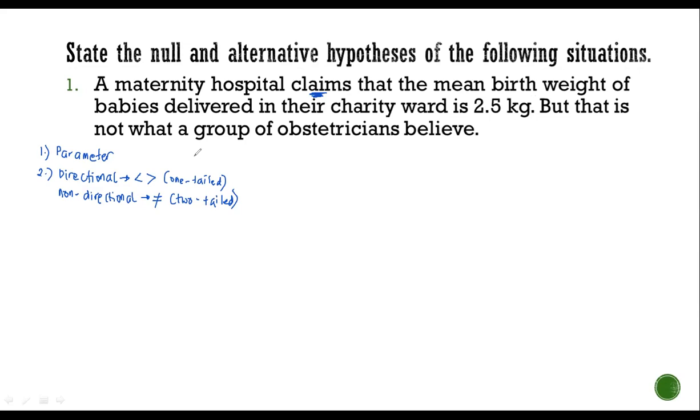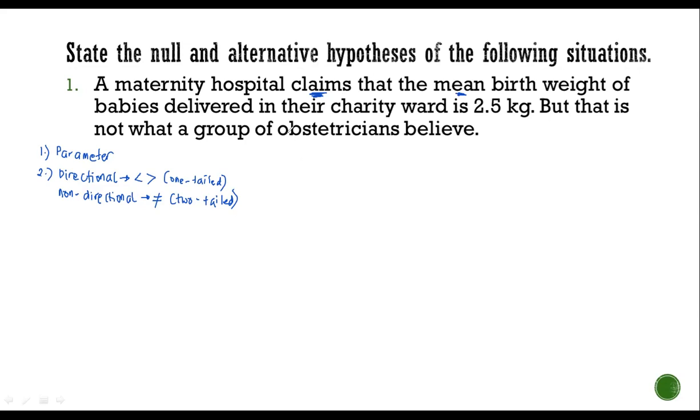Question, what is the parameter that was utilized on the problem? We only have two, population mean and your, is it mean or proportion? Yun lang. Obviously, may word na mean dito. So, anong gagamitin nating symbol kapag mean?